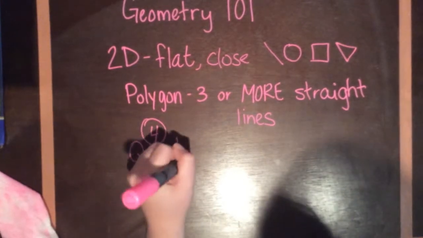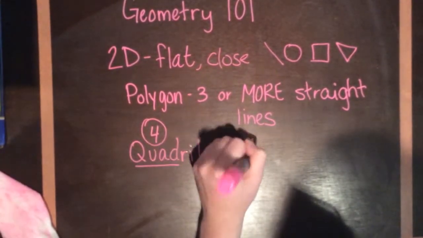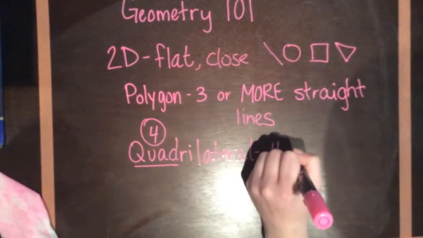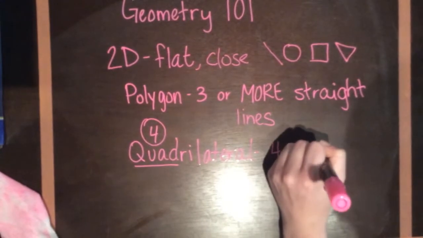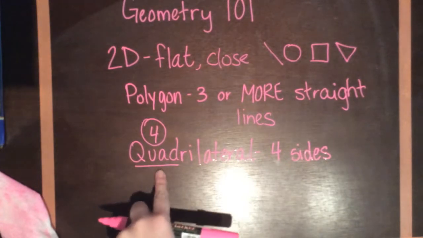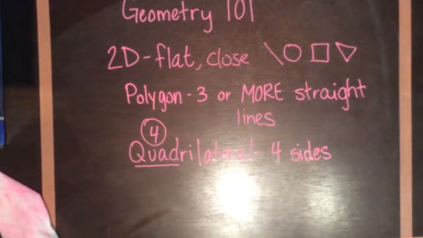So quadrilateral. Okay, 4 sides, that is it. It can only have 4 sides. So please emphasize to students that quad means 4. We counted 1, 2, 3, 4 letters, quadrilateral.